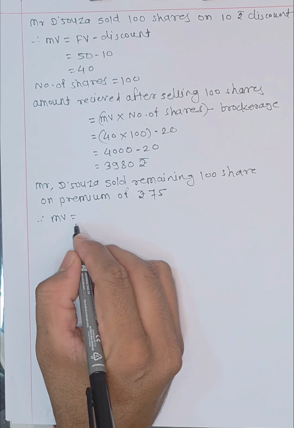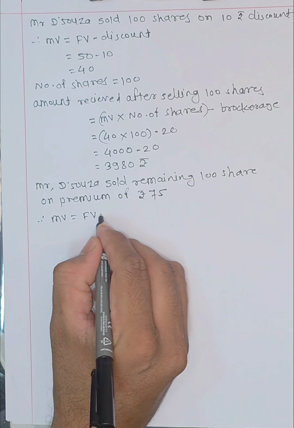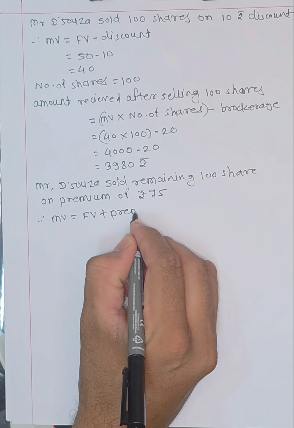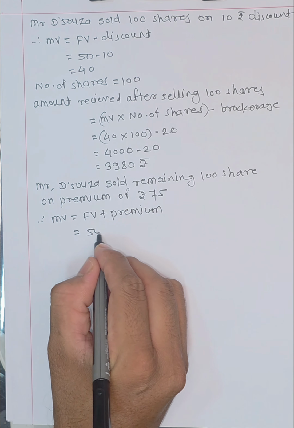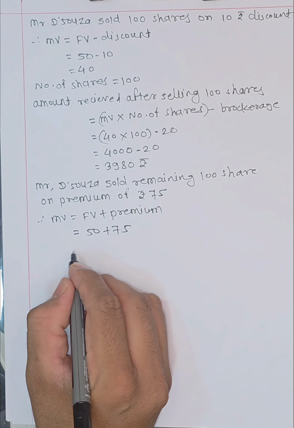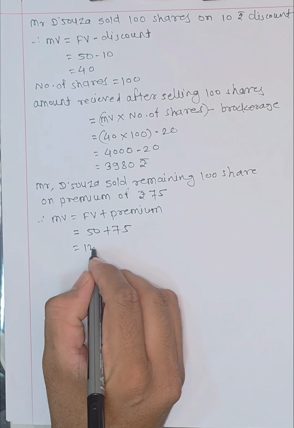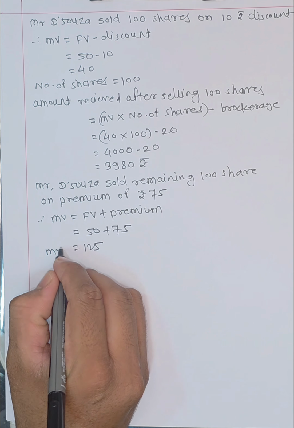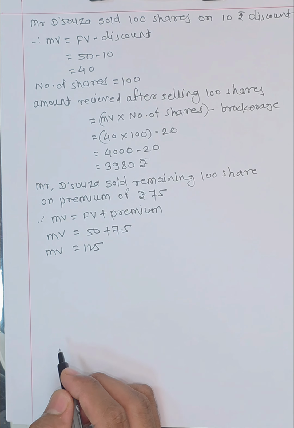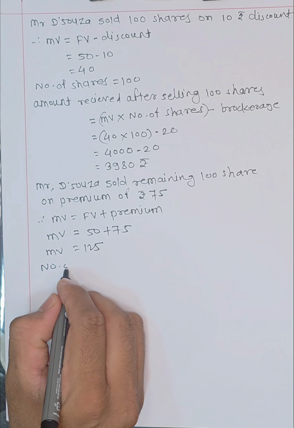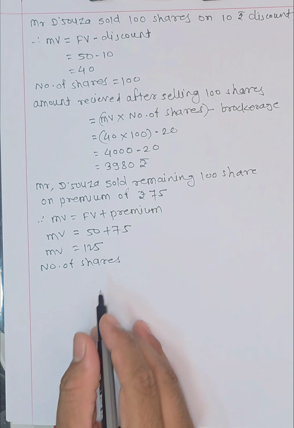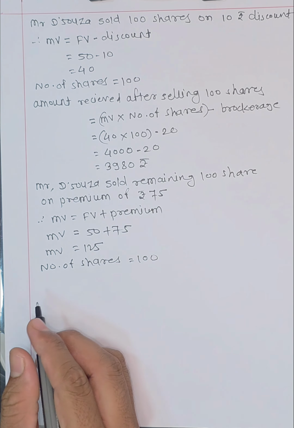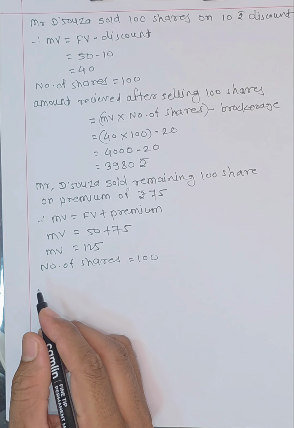Therefore market value is equal to face value plus premium. Therefore 50 plus 75 is equal to 125. Now market value is 125 because of the premium. Number of shares is equal to 100, because he sold 100 shares earlier.